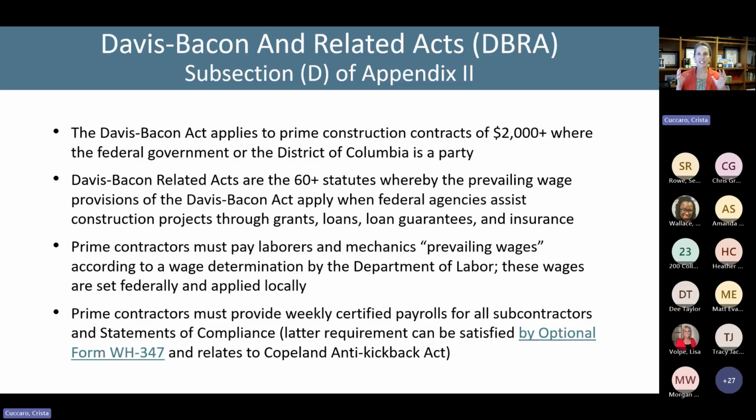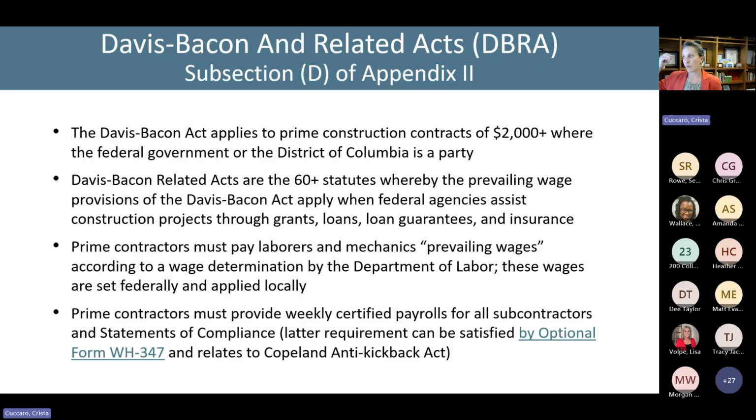This is a labor standards requirement. We've got a few other labor standards requirements that we'll talk about, but this is where we find the prevailing wage. And so the Davis-Bacon and related acts requires prime contractors to pay laborers and mechanics prevailing wages. And prevailing wage is sort of wages set by the Department of Labor.